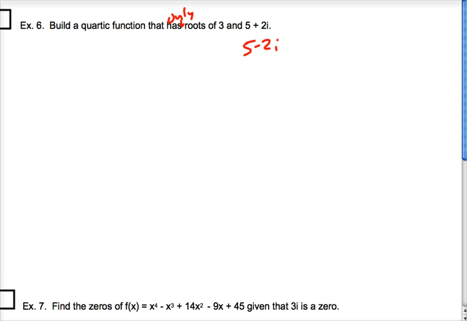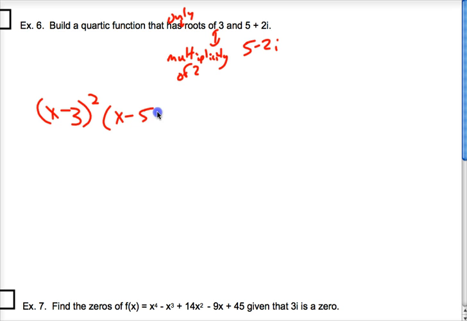I need another root. Well, to get another root, that must mean that there's a second one of these. That must mean that 3 has a multiplicity of 2. So instead of just putting x minus 3, I have to have 2 of those. And then I have x minus 5 plus 2i.